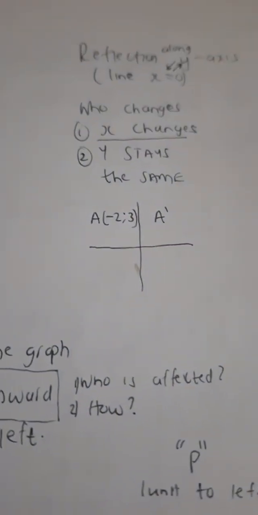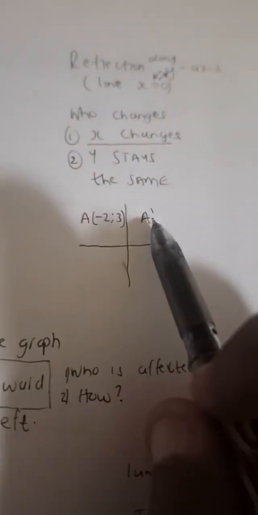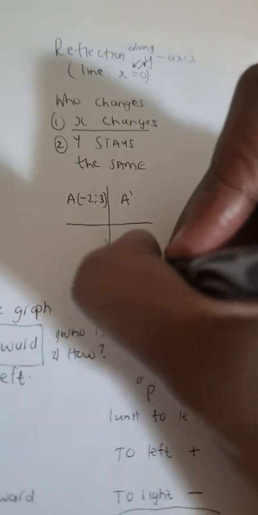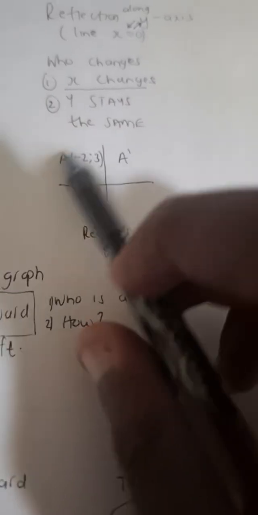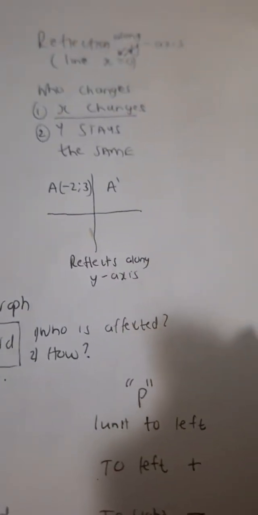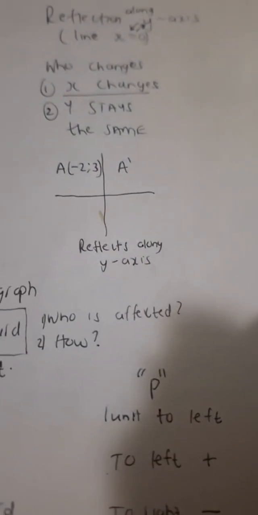So what are the coordinates of the image of A if A reflects along the y-axis, along the line x is equal to 0?